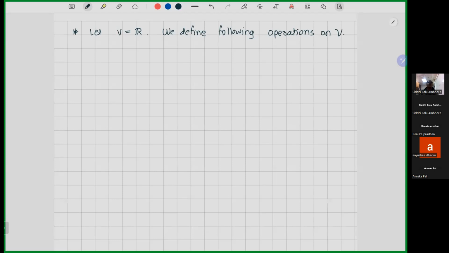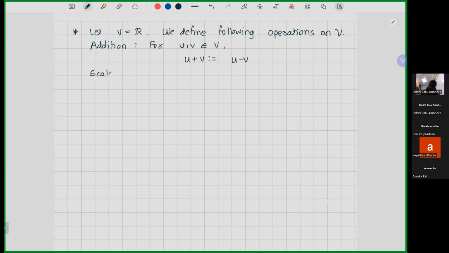So we define addition on this V to be, for u, v in V, u plus v to be u minus v.